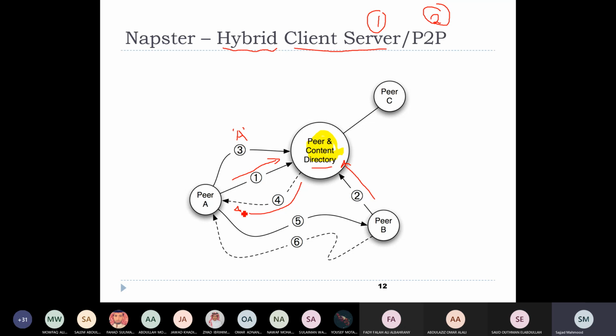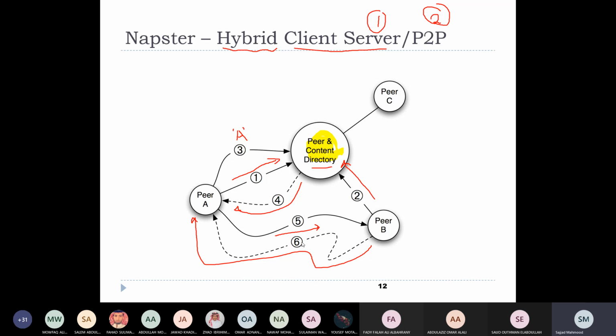Oh yeah, don't worry about it. Peer B already has this one. Let me share his IP address with you. So they will send the IP address to peer A, who goes and directly communicates with peer B, and peer B will send the file back to A. This is how Napster works, where they combine the architectural styles of client server and P2P to be able to search and share files.